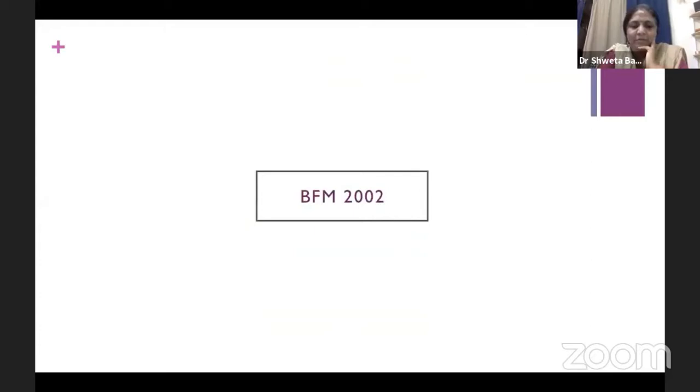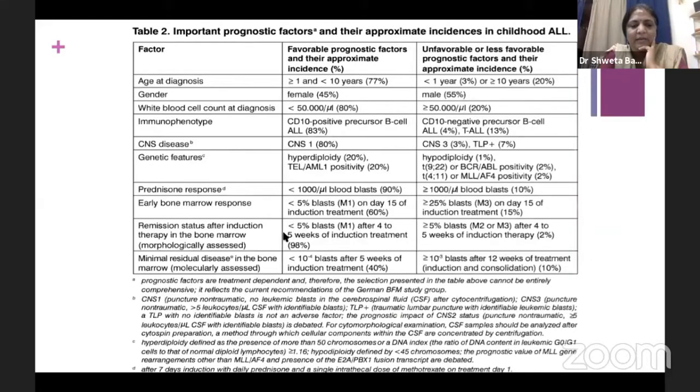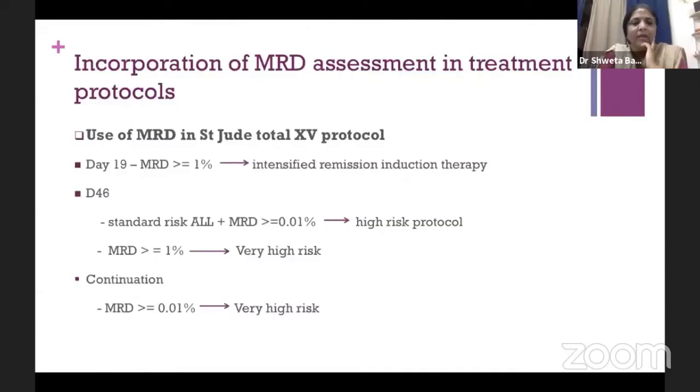Similarly, BFM 2002 also incorporated the early bone marrow response, remission status after induction therapy, and minimal residual disease in the bone marrow in their schema. Now, in the St. Jude Total 15 protocol, they started incorporating MRD assessment in their treatment. Patients who had day 19 MRD more than 1% had their treatment intensified.